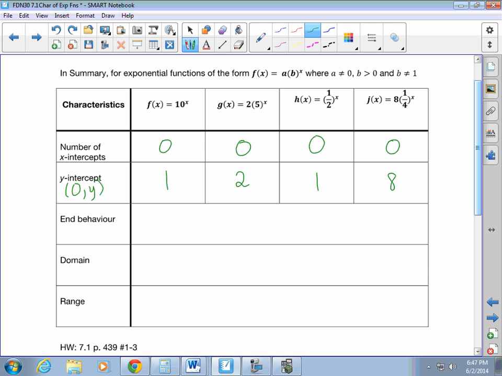So what we notice is the y-intercept is equal to the a value. Our end behavior: for every single one of these graphs, it started in quadrant 2 and would end in quadrant 1. Our domain, we could use any x value we wanted.